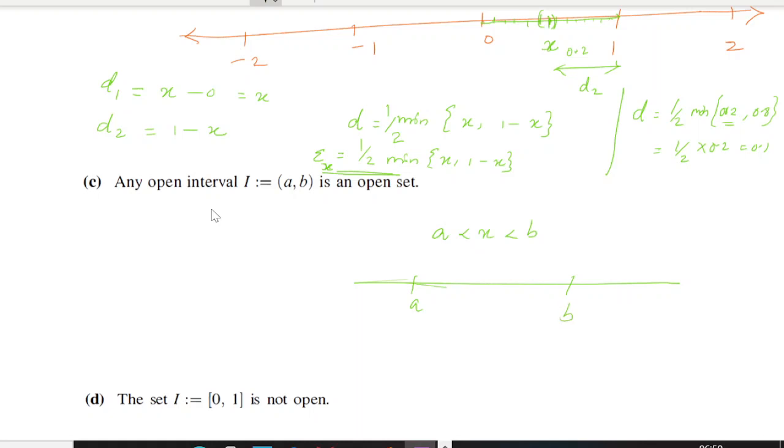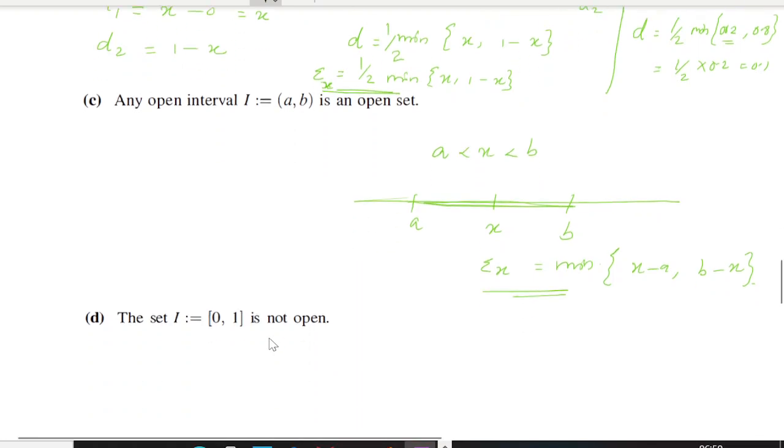If this is my x, what should be my epsilon x? The same way you can go for the minimum of x minus a comma b minus x. So fix this as your epsilon x. You can easily see that this set is an open set.